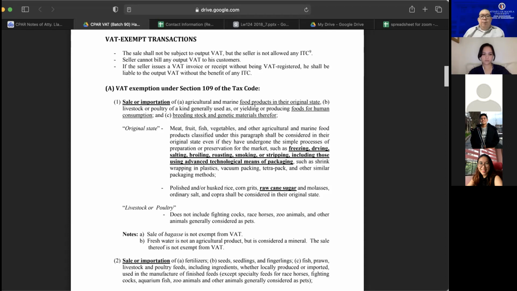Okay, are you buying the Wagyu raw, in its raw state, like livestock or poultry for human consumption, or breeding stock? So you need to distinguish whether it's original state.